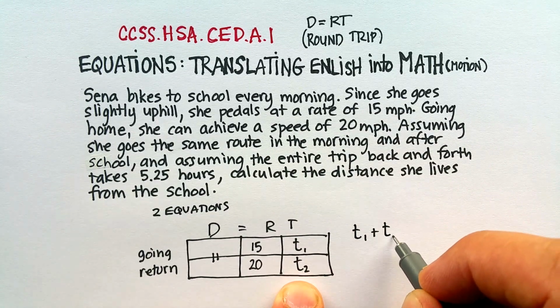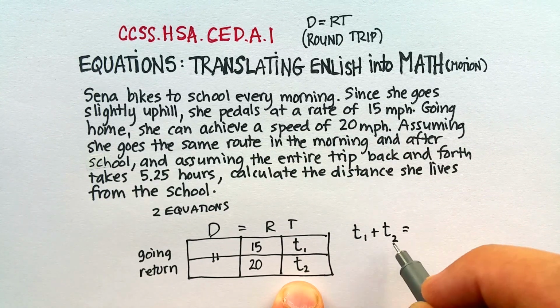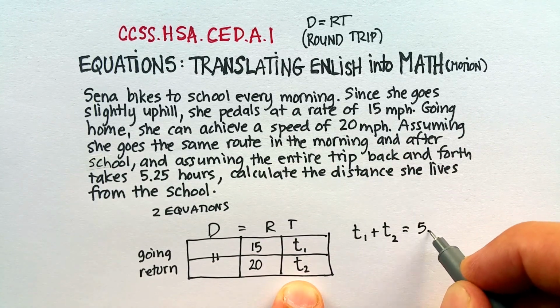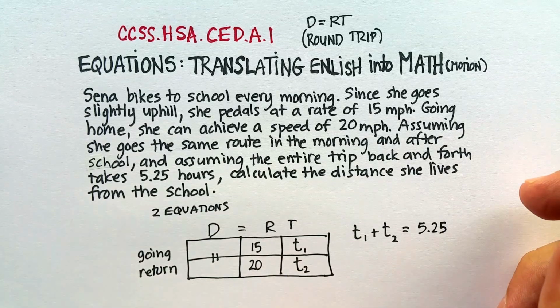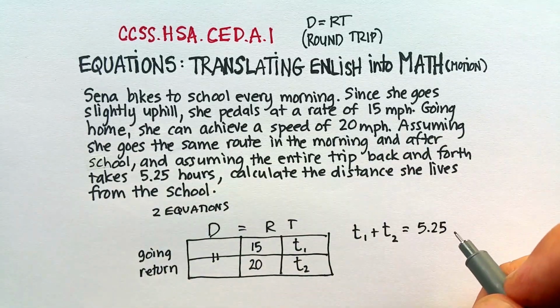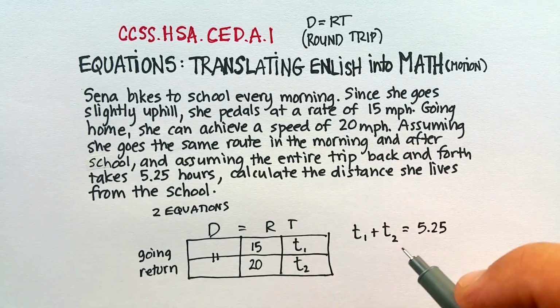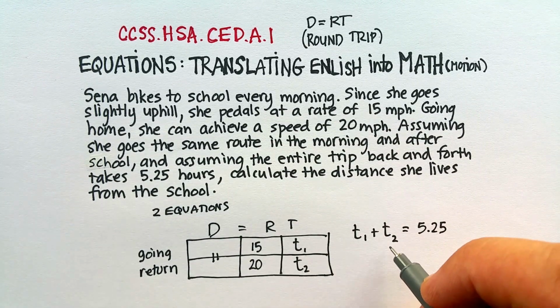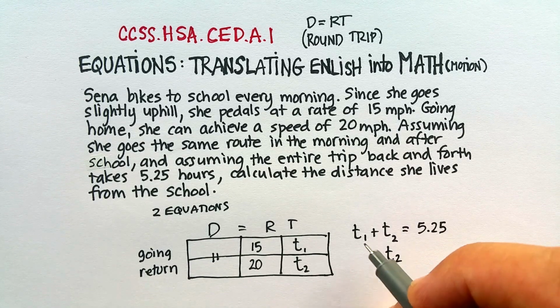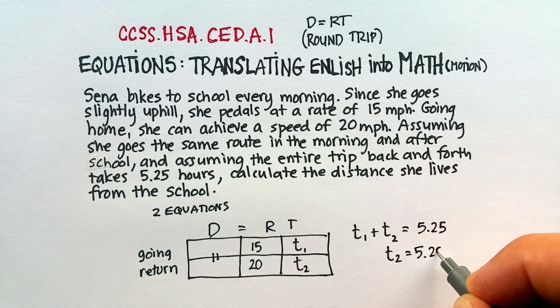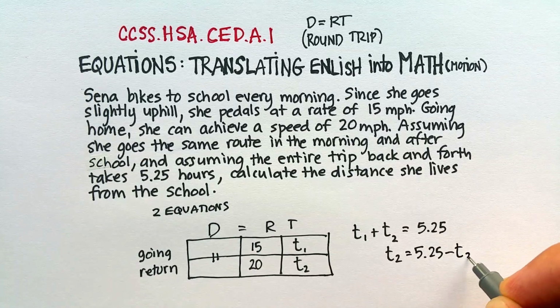So T sub 1 plus T sub 2, which means they're two different variables. They can't be the same, right? Is equal to 5.25 hours. And if we were to try to get one variable only, so let's just pretend that we say T sub 2, let's subtract T sub 1 from both sides. There we go.